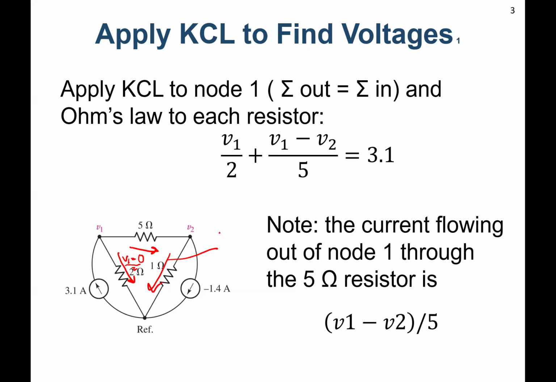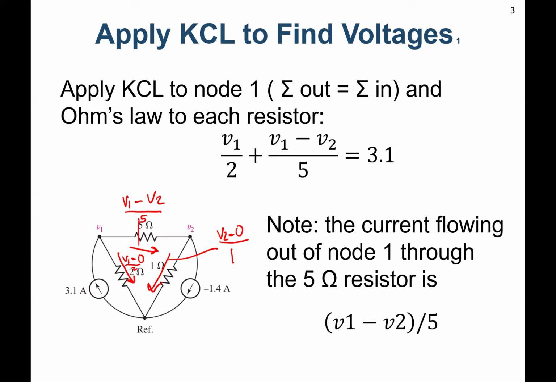This current over here is V2 minus 0 divided by 1. And to solve for the current through the 5 ohm resistor, all I'm doing is Ohm's law. I'm looking at the difference in voltage across the element and then dividing by the resistance. The difference in voltage is V1 minus V2, and then I divide by the element, which is 5. And that's that current here.